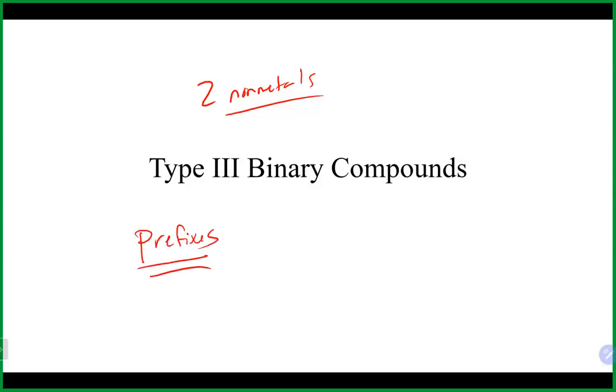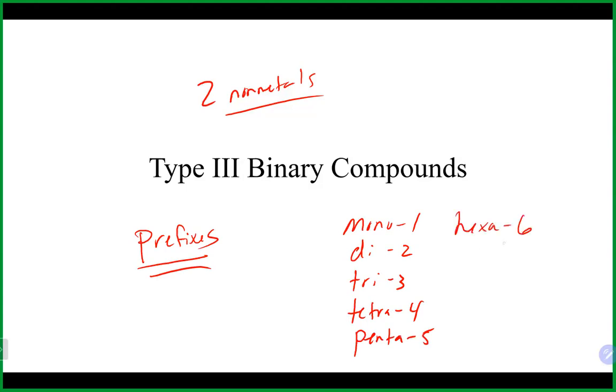So this is the type of stuff that we do want to use prefixes. So there's a table coming up, but like mono is 1, di is 2, tri is 3, tetra is 4, penta is 5, hexa is 6, hepta is 7, octa is 8, nona is 9, deca is 10, as we go through there.